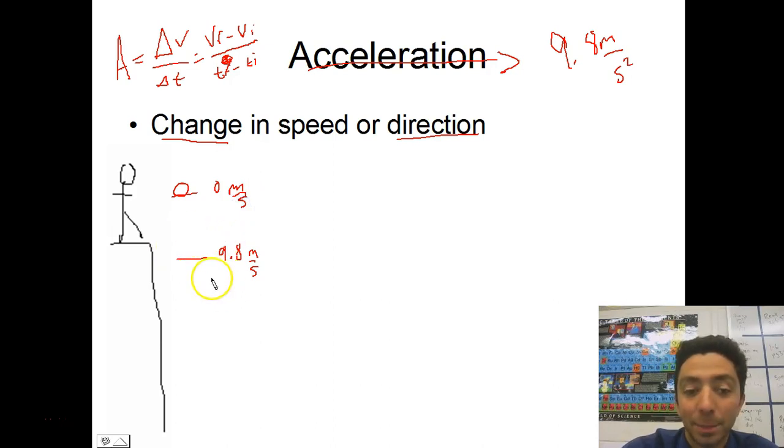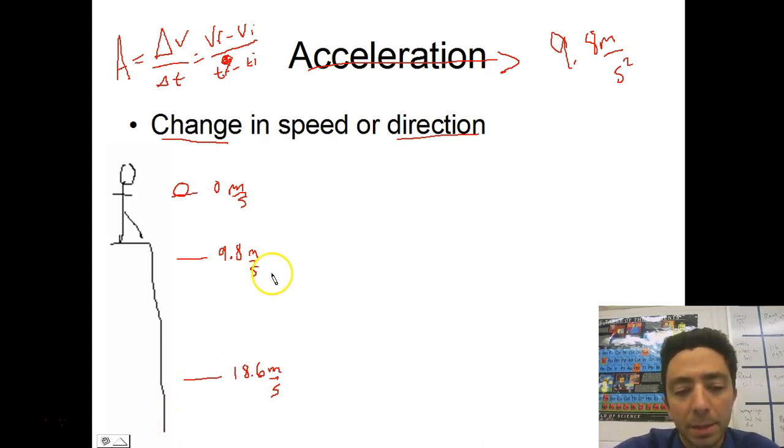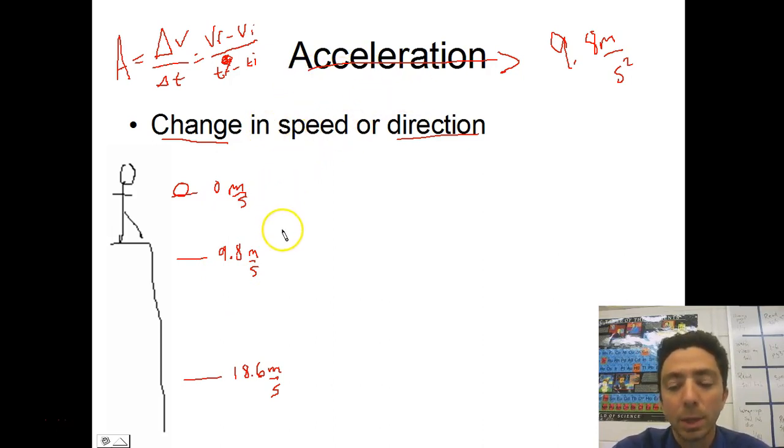After another second passes, that speed will increase to 18.6 meters per second. And if we let it fall again, we'd be looking at 30-some meters per second. So it's getting faster as it falls. And that's what acceleration means, that we're changing speed as we go down.